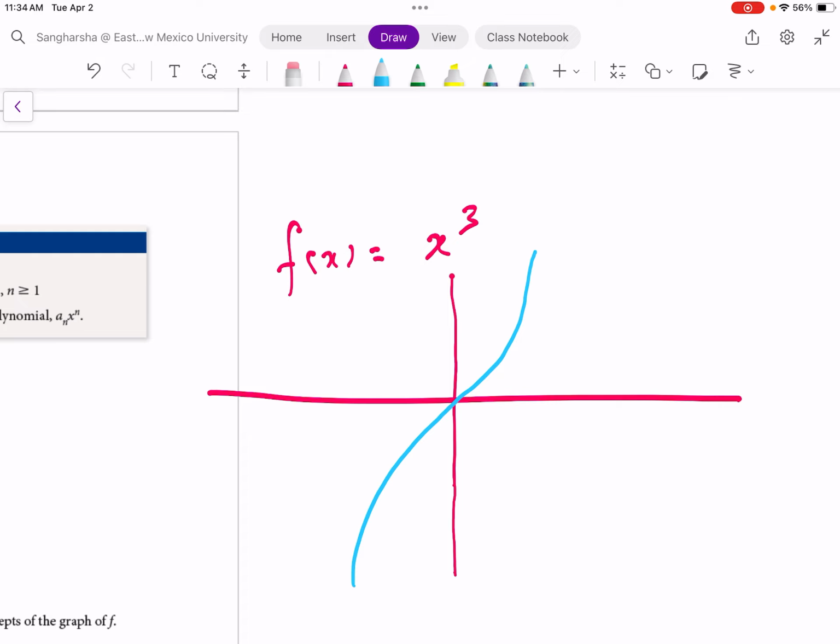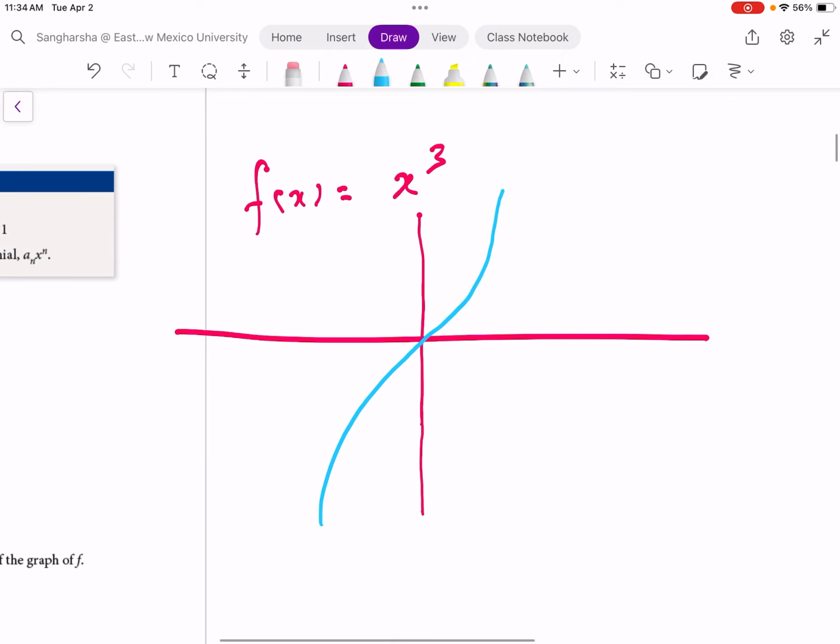Now, for this function, what happens if we choose our input x to be a very big number, toward infinity? What happens to our output? Do we get a big number or a small number?